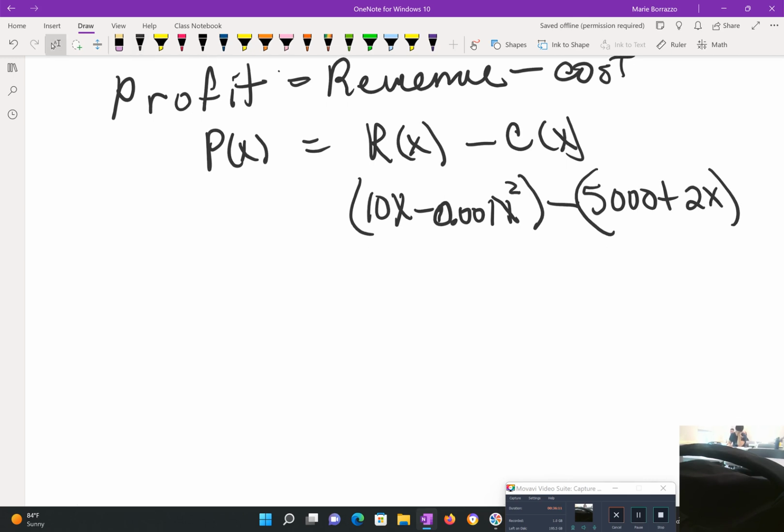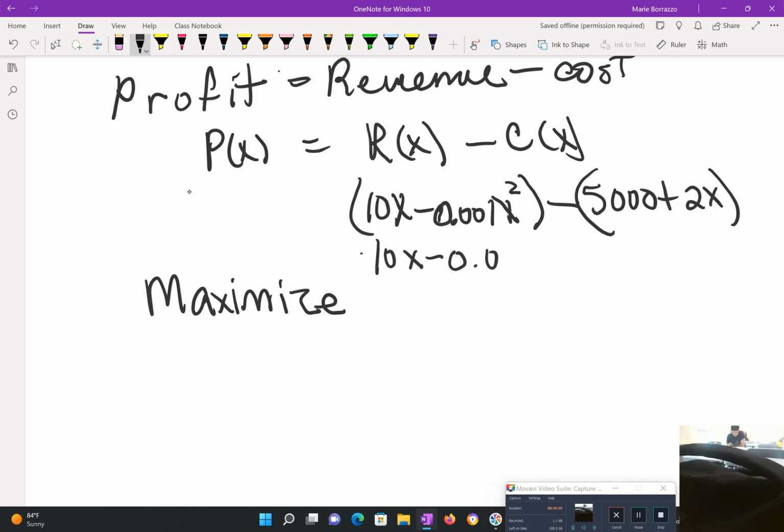Okay, so we are going to maximize that profit function. So this is 10x minus 0.001x squared minus 5,000 minus 2x.